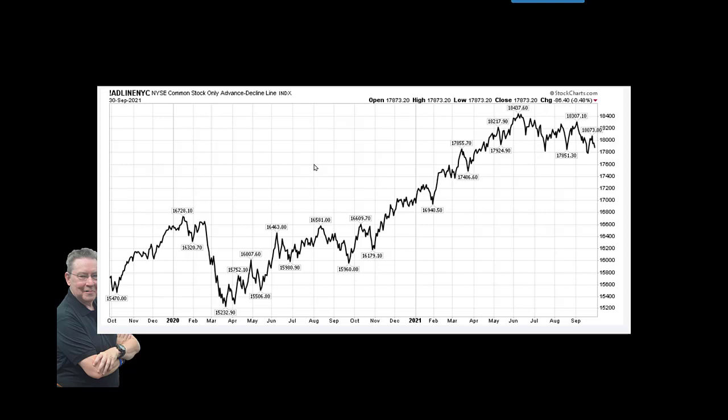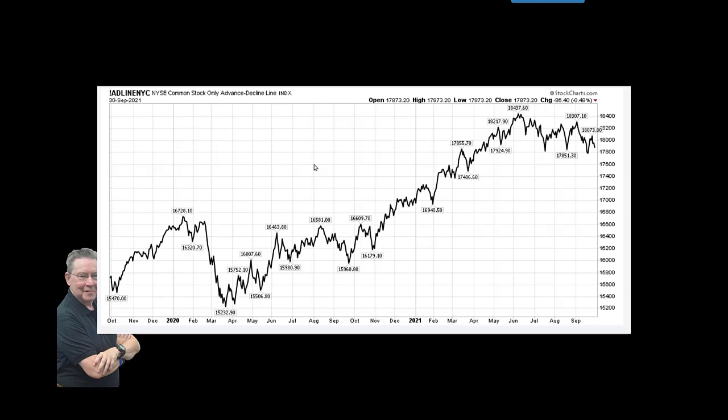Now, the chart you see here is the advanced decline line of the New York Stock Exchange, but it's not the normal advanced decline line. In the old days, back when I first started trading 50 years ago, the normal advanced decline line was perfectly acceptable. It was great. But then the New York Stock Exchange started listing tons and tons of bond funds and foreign currency ETFs and all kinds of things that had nothing to do with the US stock market.